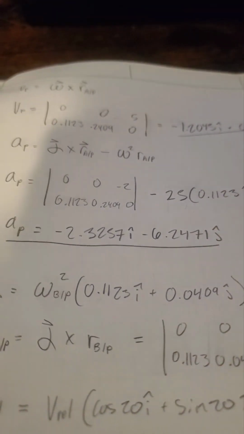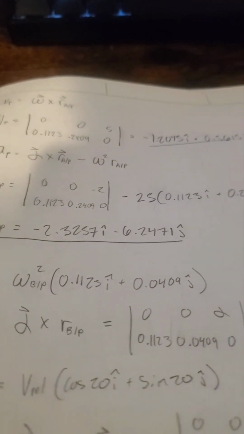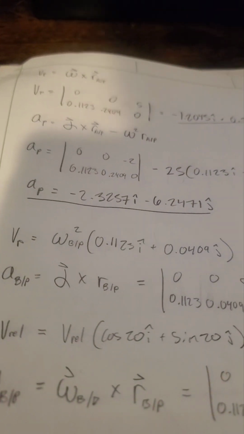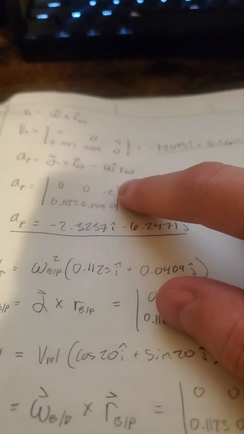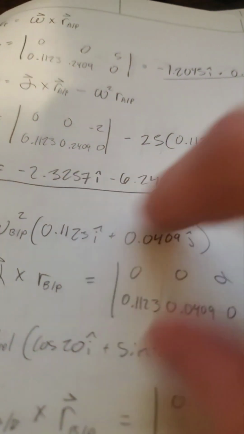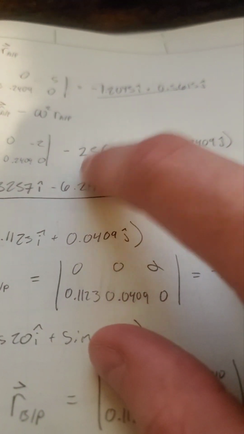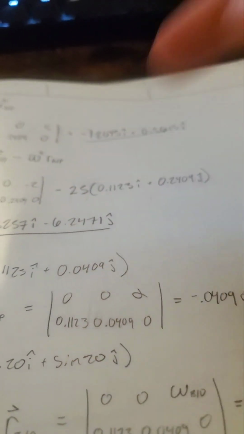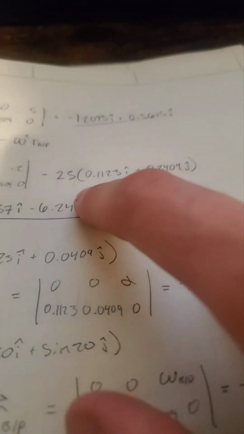We now know the velocity, and we have the r vectors, and we know the acceleration is 2 rad/s² clockwise because it gives us that in the equation. So you just cross that with the distance vector and then minus the omega, which we solved for the angular velocity on the other page, crossed with that same distance vector.